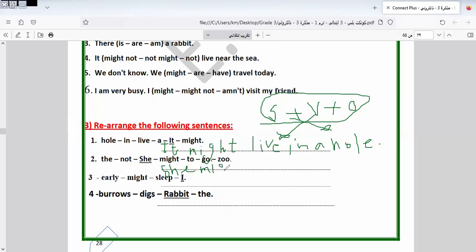She might not. She might not go to the zoo. She might not go to the zoo, and I put a full stop at the end of the sentence.